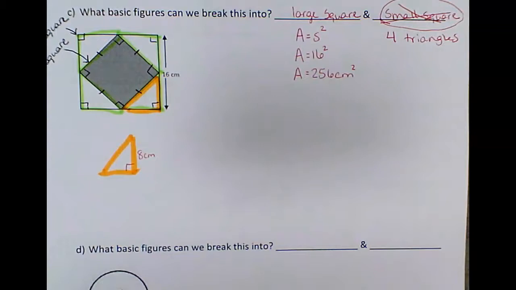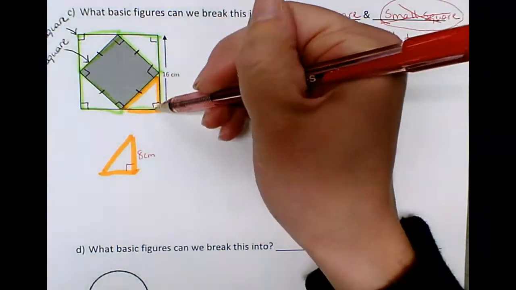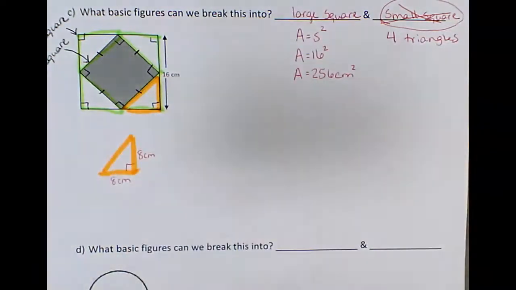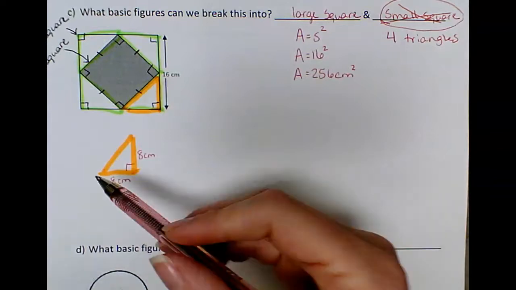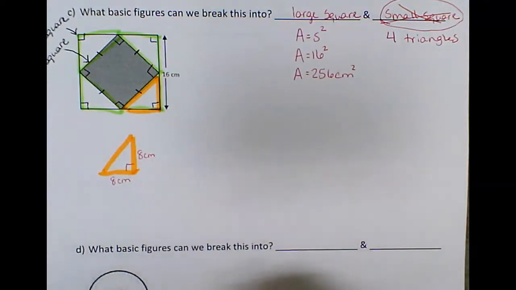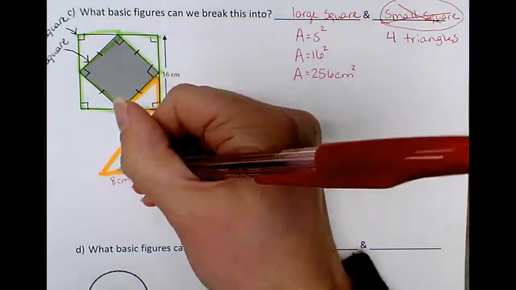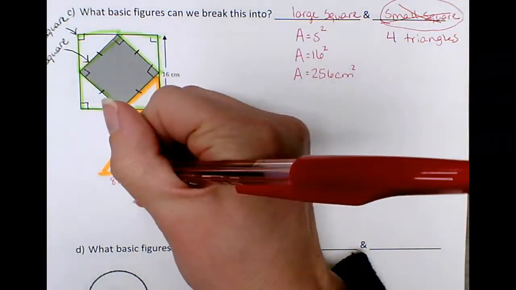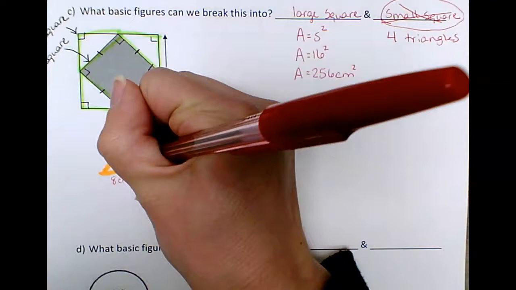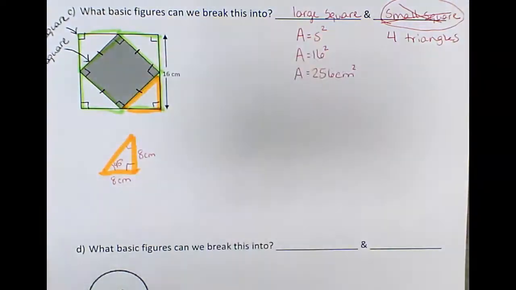I also know that this side over here is 8. Well, because we have 2 sides that are the same, that means we have an isosceles triangle. And by the isosceles triangle theorem, the opposite angles must also be congruent. If the sides are congruent, then the opposite angles must also be congruent. That makes this a 45, 45, 90 degree triangle.